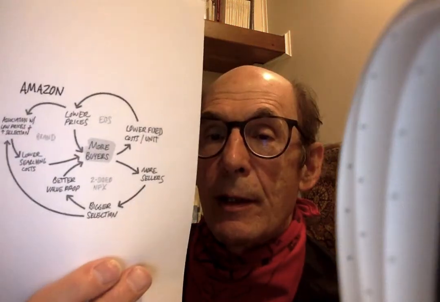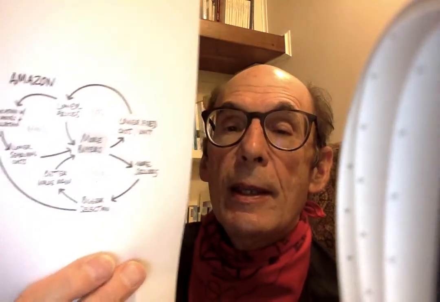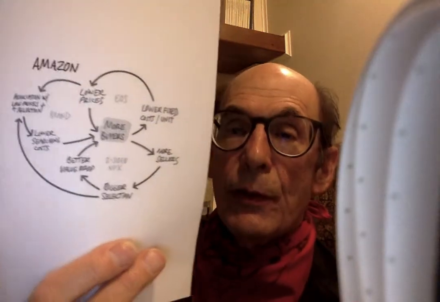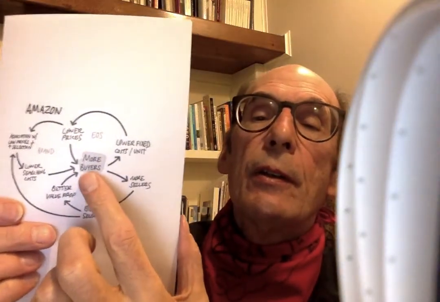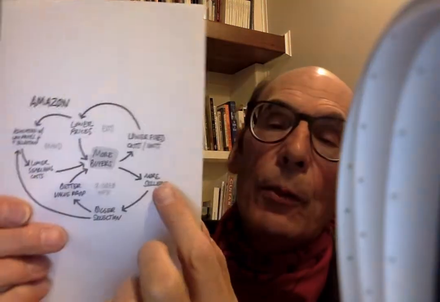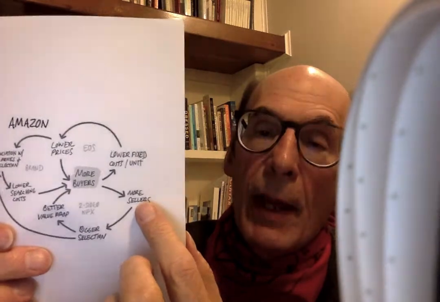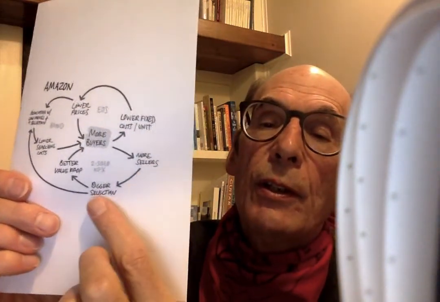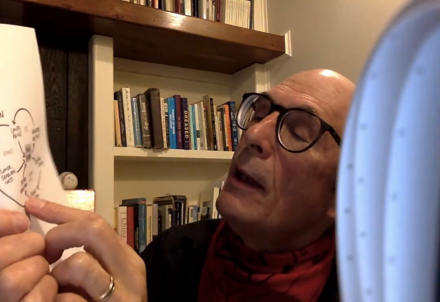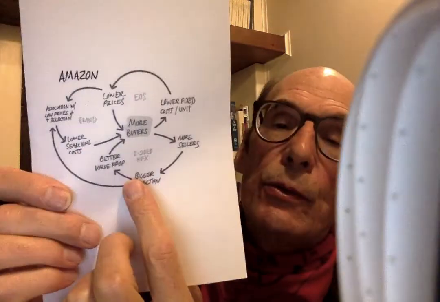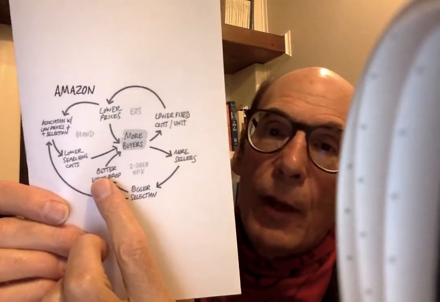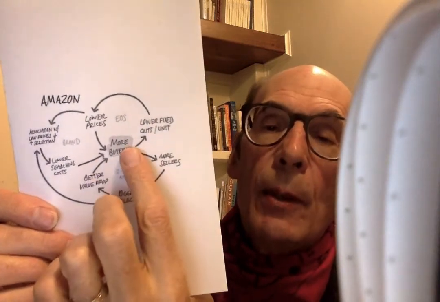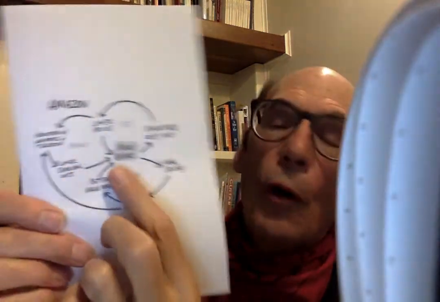There's something that you can see on this one that is a very common feature of graphs. So if we start at this more buyers vertex, we can go to more sellers. That's a path, and then we can keep going on a path. Then we can have bigger selection, and then we keep going on the path, and we get to better value product, and then we come all the way back to more buyers.